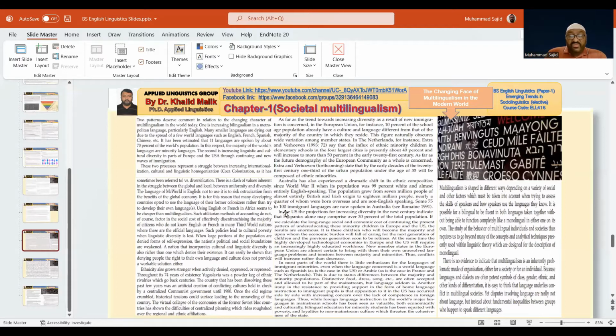Some 75 to 100 immigrant languages are now spoken in Australia. In the US, the projections for increasing diversity in the next century indicate that Hispanics alone may comprise over 30% of the total population.